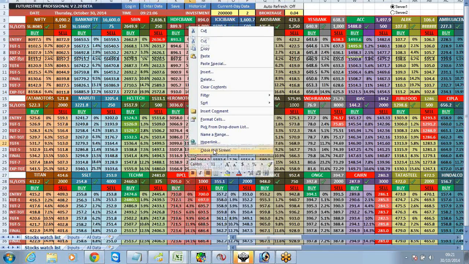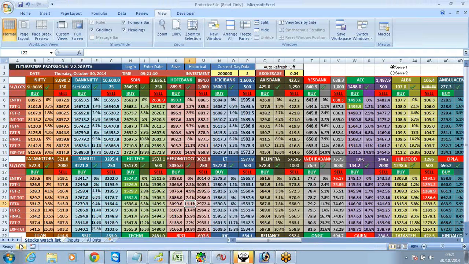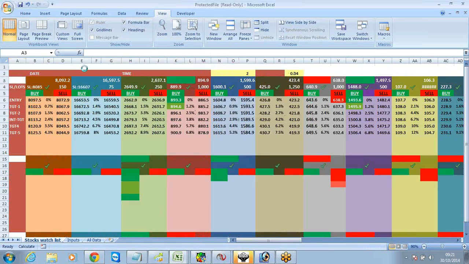You will be able to see here, when the data is being uploaded, on the left bottom corner, that icon. Once this stops, you can put auto refresh on, and then you can actually start taking the calls. Okay, it's done now. I'll just put it on auto refresh on.